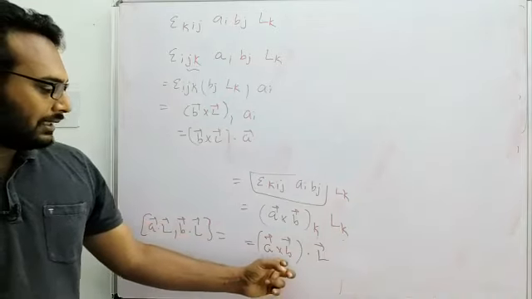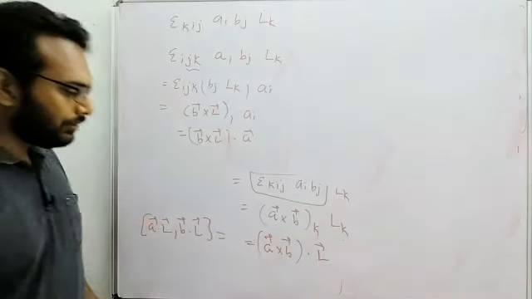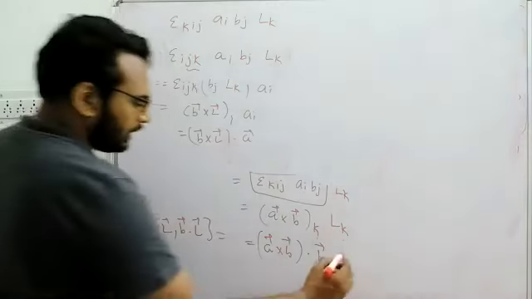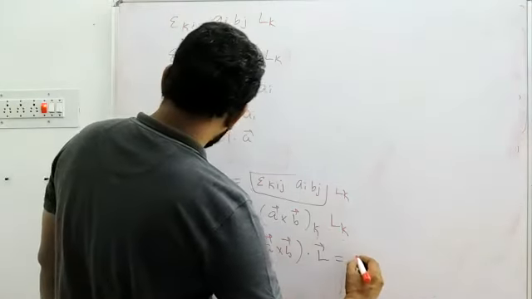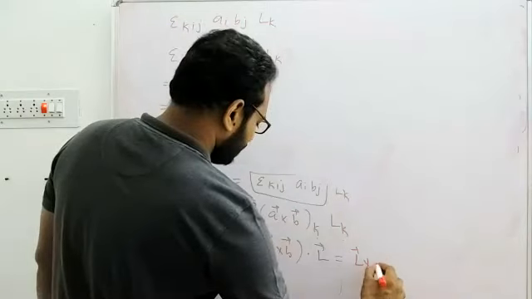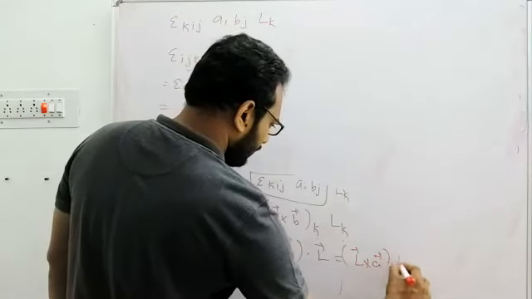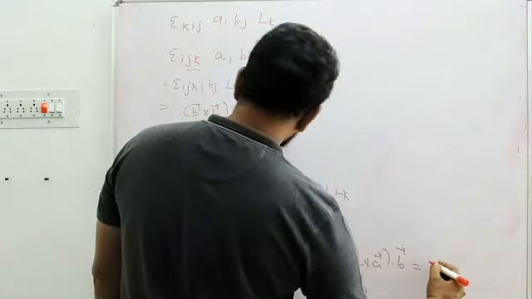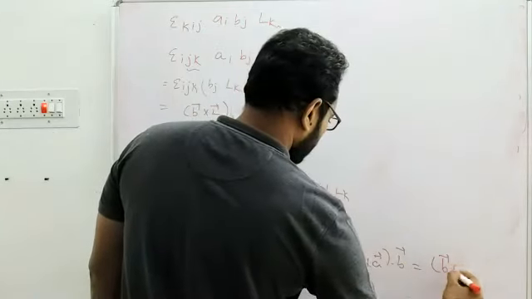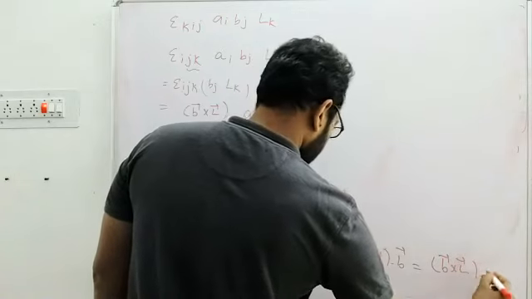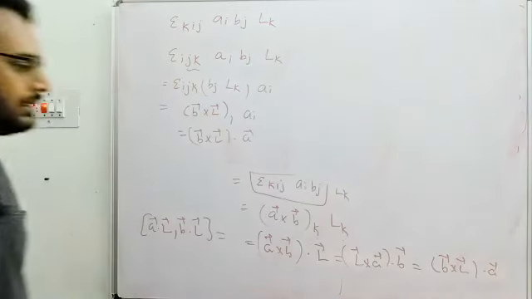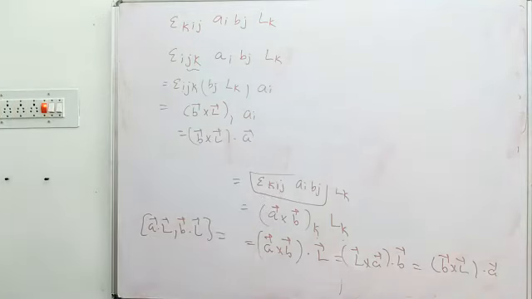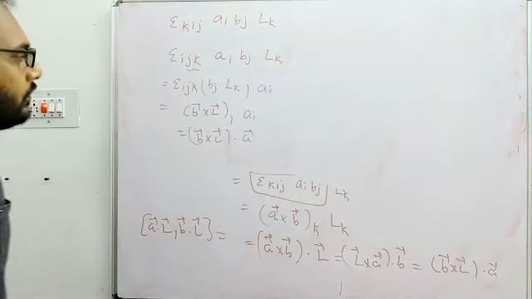A cross B dot L is equal to L cross A dot B, which is also equal to B cross L dot A. All these are the same, and you can see this from the property of the Levi-Civita symbol. You know this result, I hope.